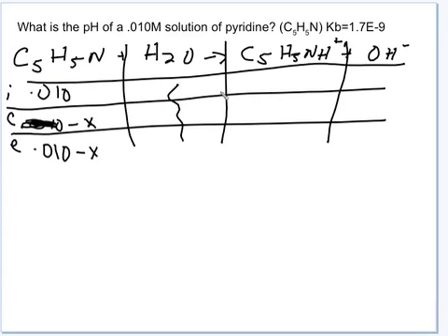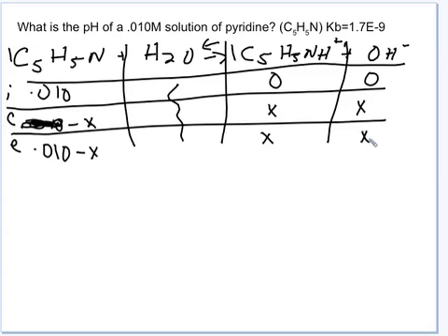We start off with 0 amounts of these two. If this goes down by x, it's a 1-to-1 mole ratio, so this has to go up by x, and this will also go up by x. So at equilibrium we'll have x amount of this and x amount of that.